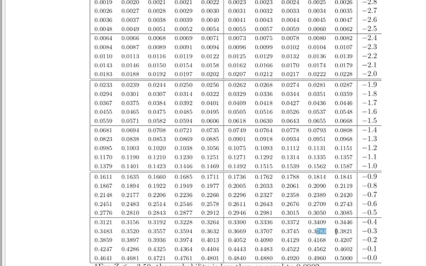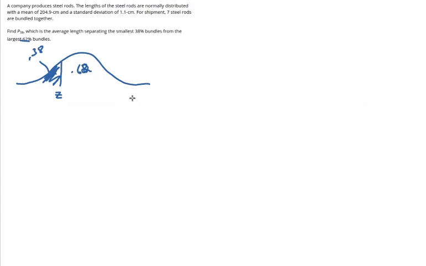So negative 0.30, or negative 0.31, or split the difference and call it negative 0.305.